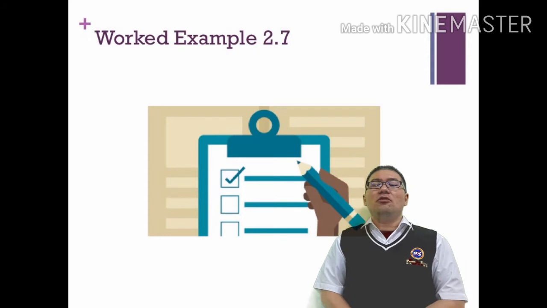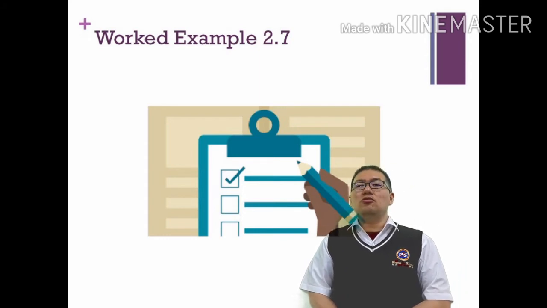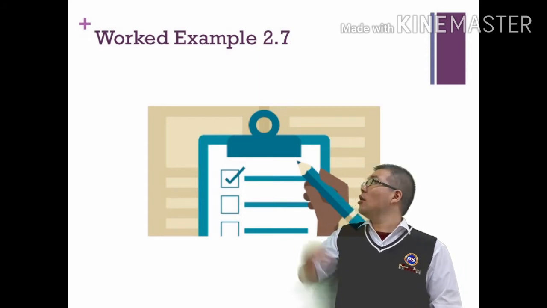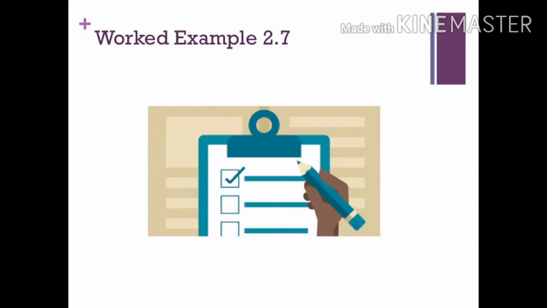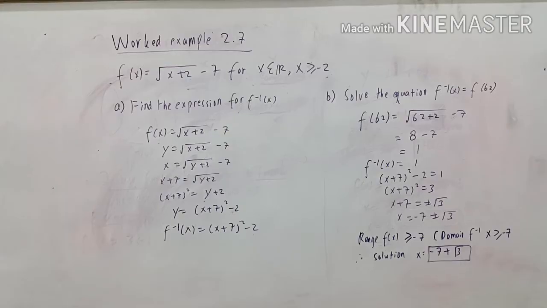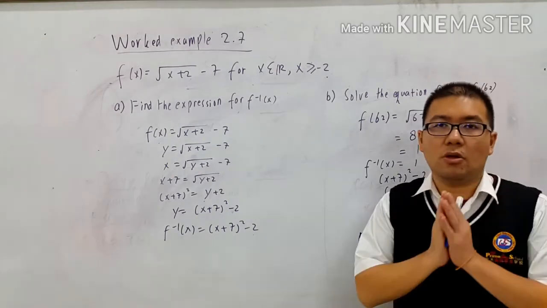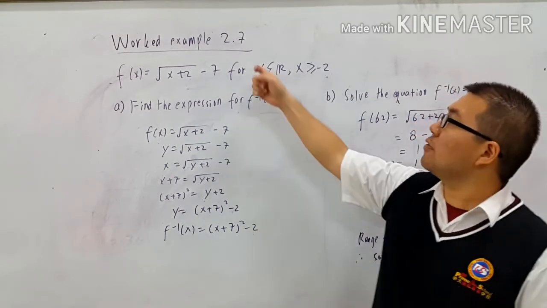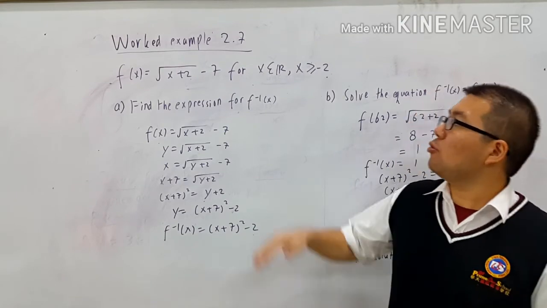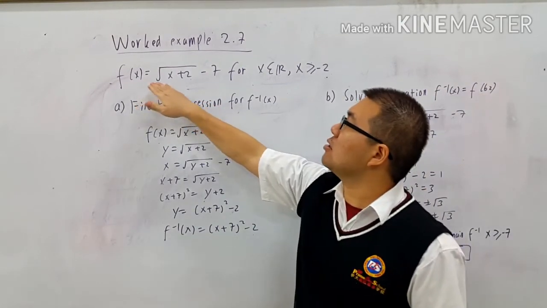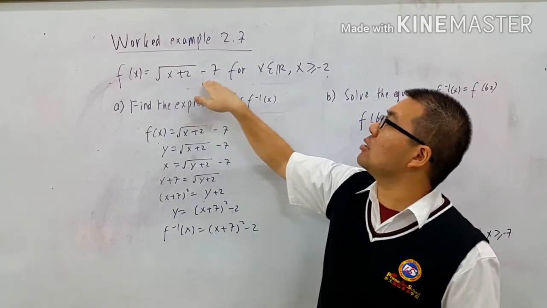Okay class, now let's take a look at how to solve worked example 2.7. Okay, we have a question here, f(x) is equal to root of (x plus 2) minus 7.